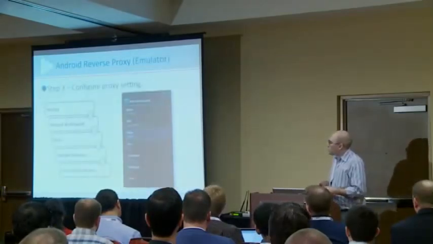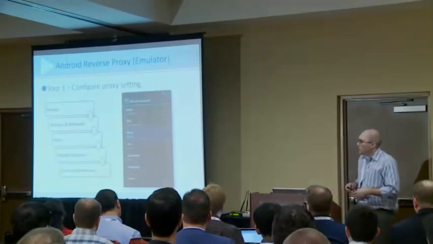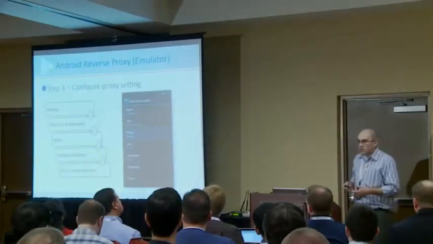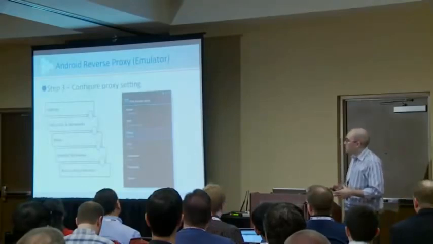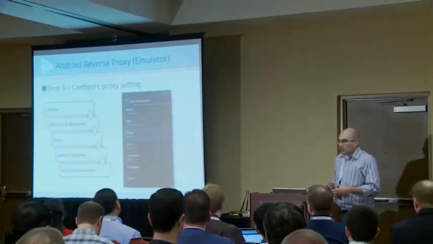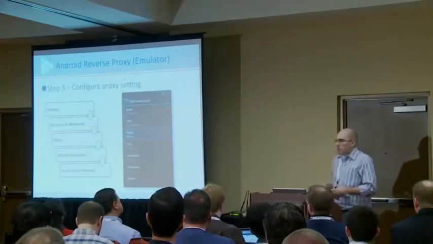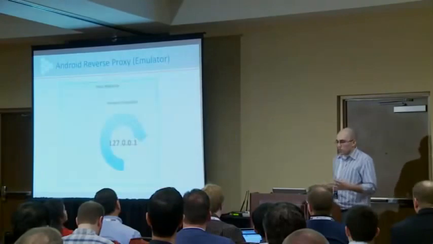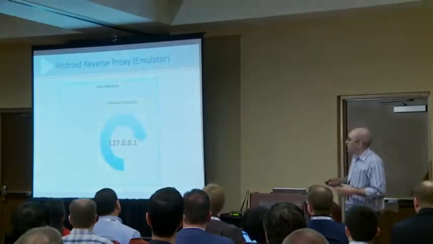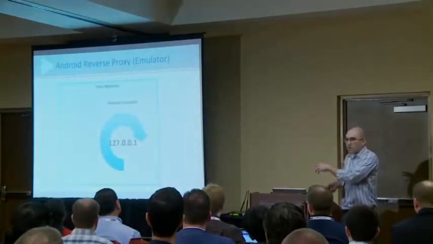And then to configure the proxy setting in an emulator is really easy. Under the settings, wireless networks, and down to access point names, you can set the proxy setting right there. But if you're testing from the emulator, there's a virtual network that it creates on your machine, right? So you have your host machine, and then you have the emulator inside of your host machine.